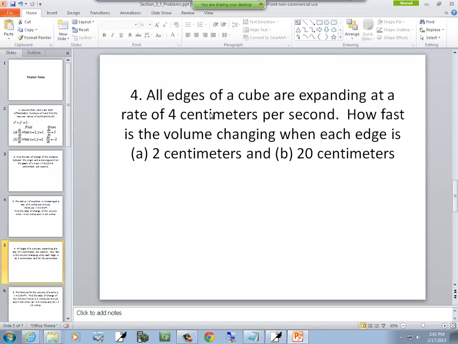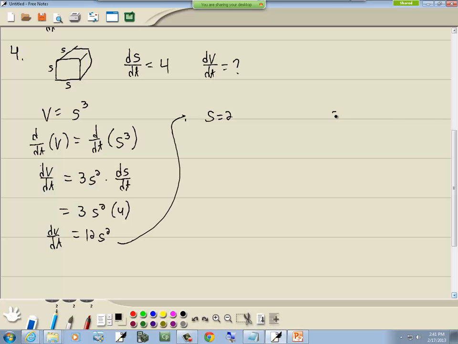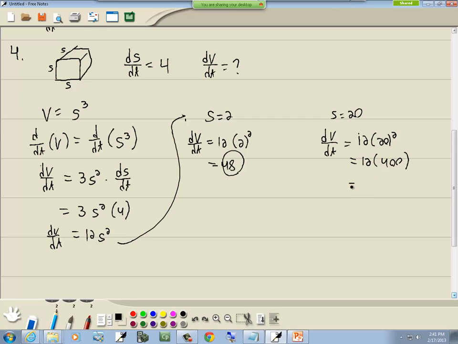Well, part A says when s is 2. And the other one is when s is 20. So we'll now take what we have right here, and we'll plug in these values. So we're going to plug 2 in for the s. So we've got 12 times 2 squared, which gives us 48. And over here, if I put 20 in, so I've got 20 squared, 12 times 400 equals 4,800.